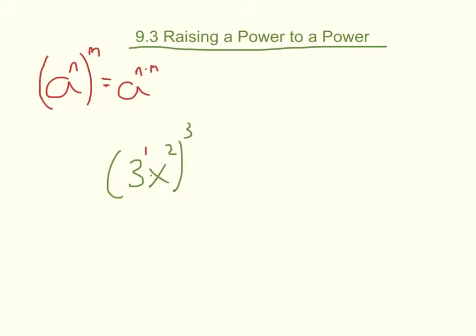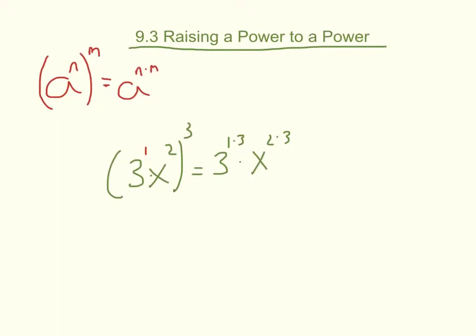So what I have to do, it's almost like distributive property. When I multiply, I'm going to distribute that exponent of 3 to both of those exponents. So what I really get is 3 to the 1 times 3 times x to the 2 times 3. 1 times 3, I distribute there, 2 times 3.